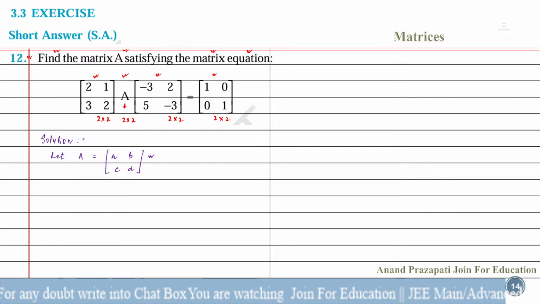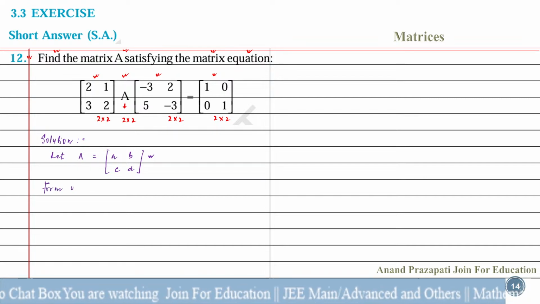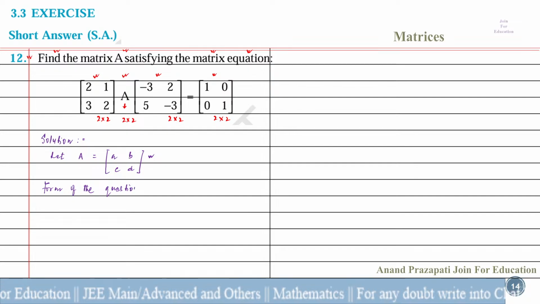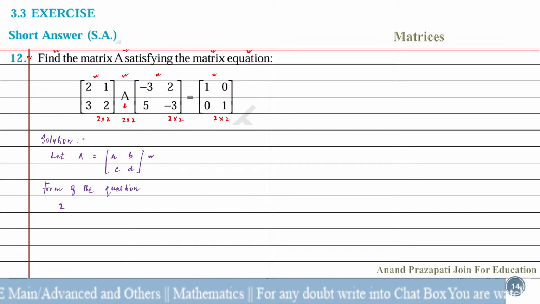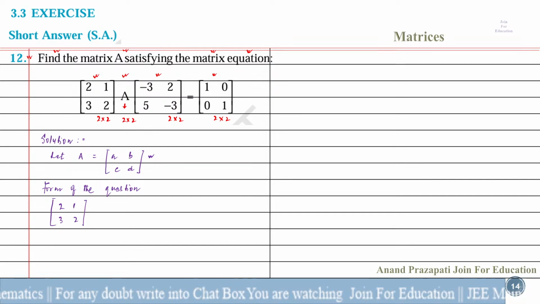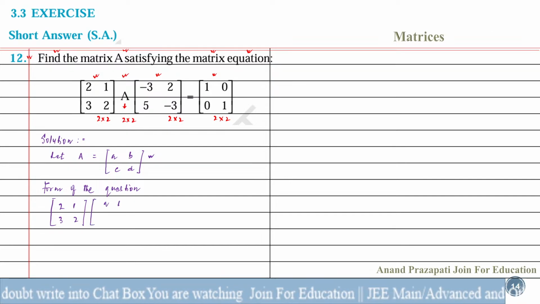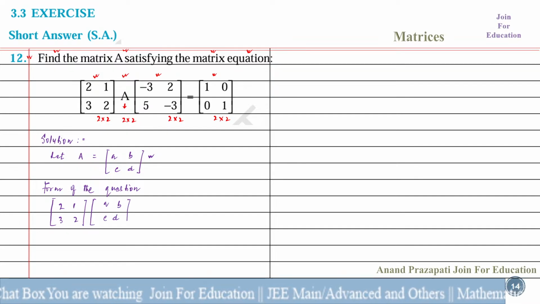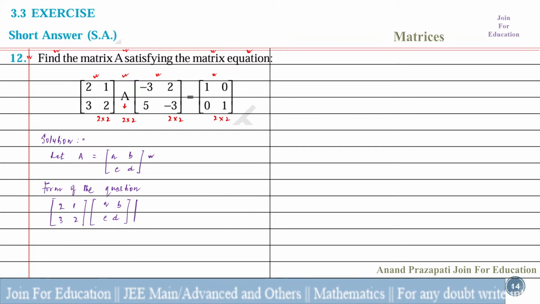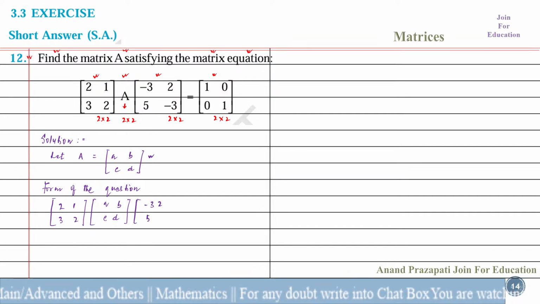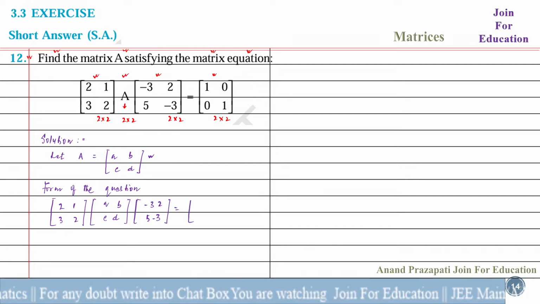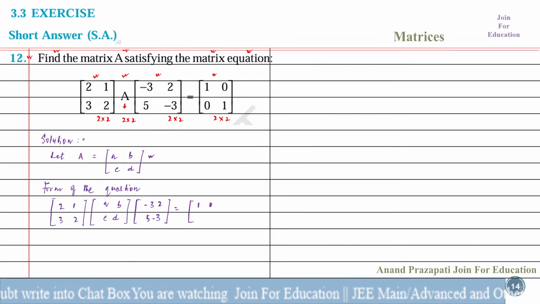So the form of the question here will be: we write down 2, 1, 3, 2 into A, B, C, D, which will be equal to minus 3, 2, 5, minus 3, and equal to this one, 1, 0, 0, 1.